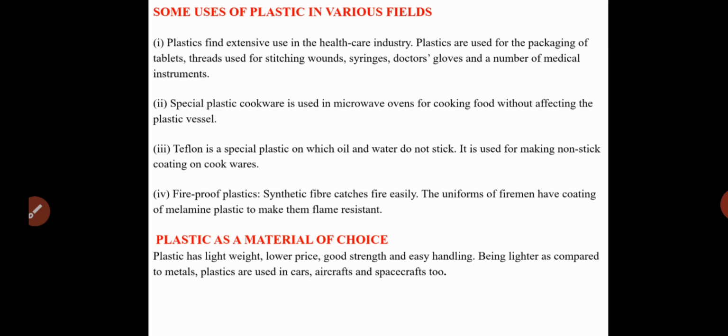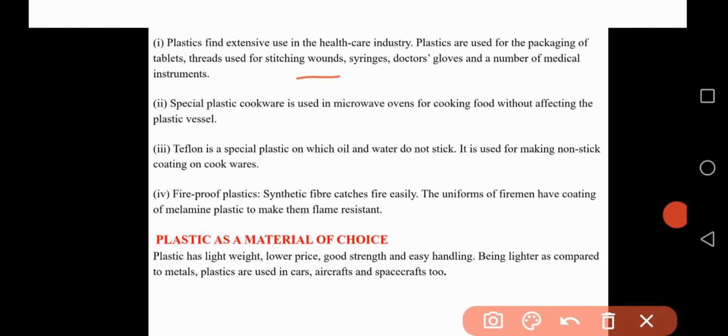We're using more and more plastics in the healthcare industry, because plastics are used for packing of tablets, threads used for stitching wounds, syringes, and also the doctors' gloves. Those gloves are also made up of plastic, along with a number of medical instruments.